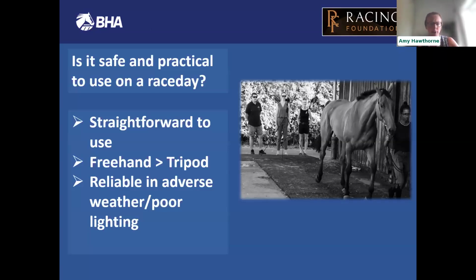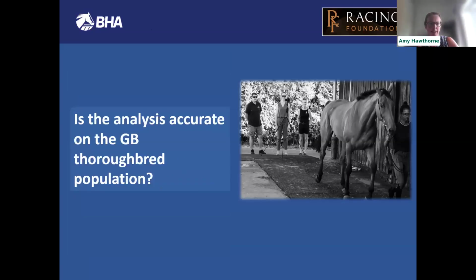If I move on to the accuracy of the data, I think in summary we felt that it is highly accurate if the quality of the video that's obtained is good enough, and that was variable across our race courses.